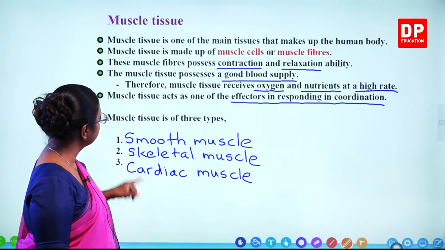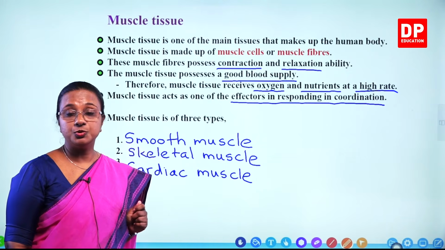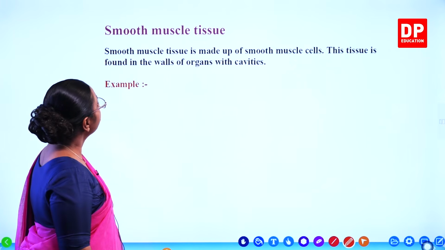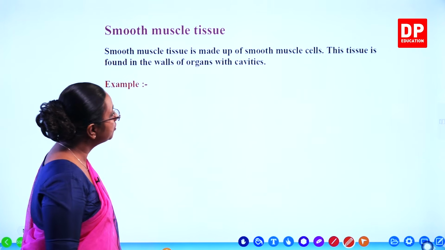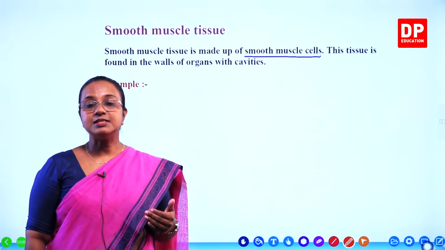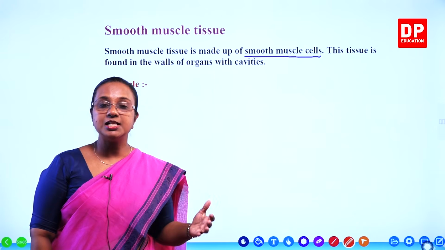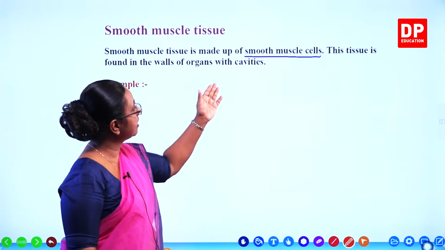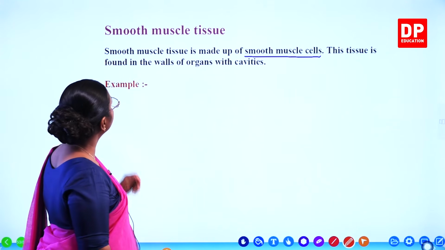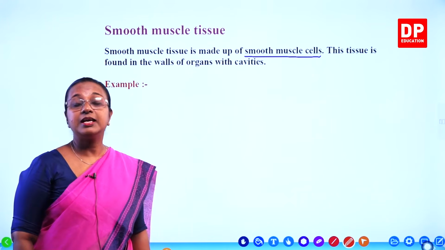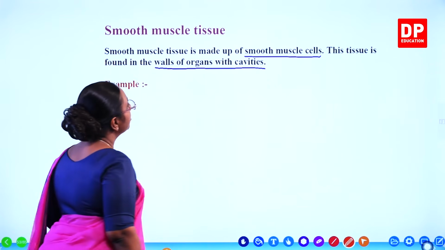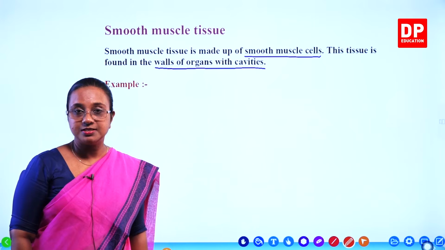Now we will look at the first type of muscle, the smooth muscle. Smooth muscle tissue is made up of smooth muscle cells. As we discussed before, the muscles can be made up of either cells or fibers. So here they are made up of smooth muscle cells. This tissue is found in the walls of organs with cavities. So here you have to remember these students, walls of organs with cavities.